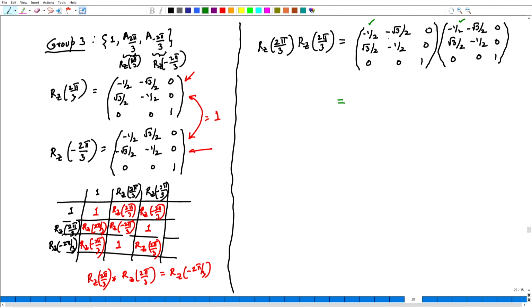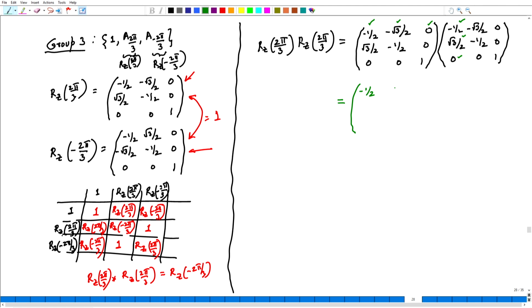Minus root 3 upon 2 into root 3 upon 2, so I am multiplying this element into this element, will give me minus 3 upon 4 plus 1 upon 4, and I will be left with minus half, because the third element 0 into 0 gives me back 0.